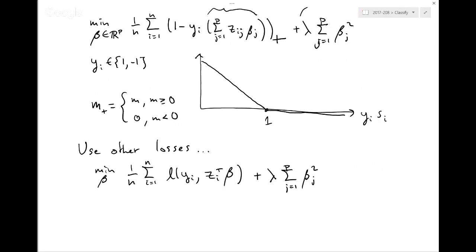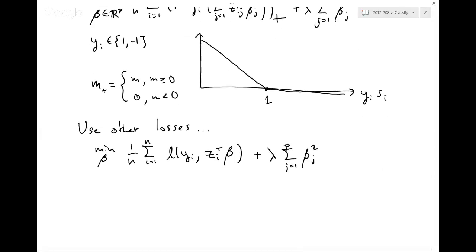Maybe we'll have time to talk a little about the effect of this ridge penalty. Typically, its addition is not that serious; most of the time it's used for numerical purposes. But we could use other losses, and they all take this form.